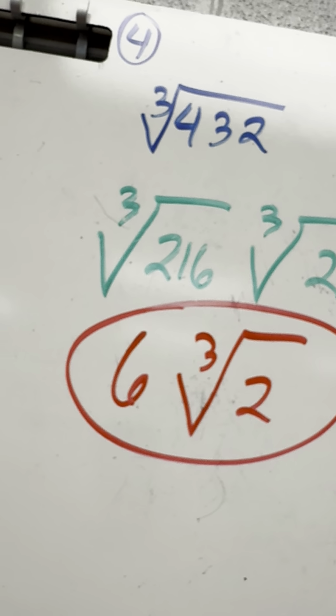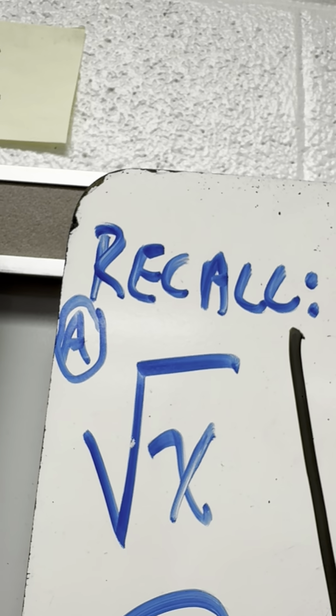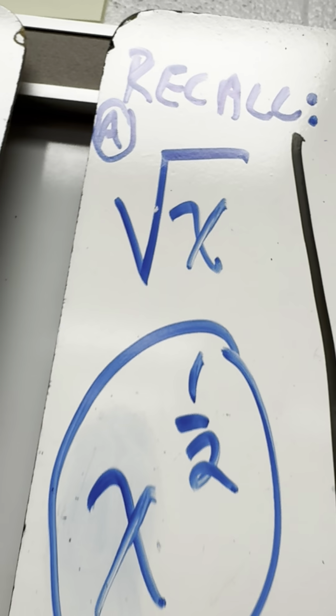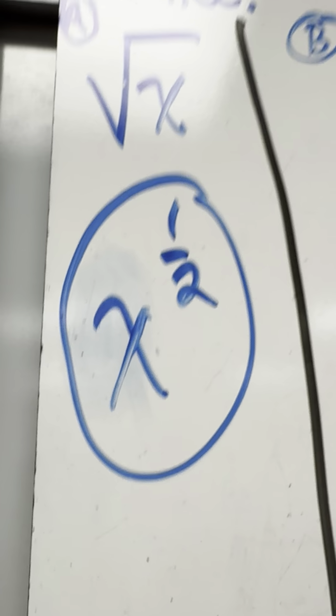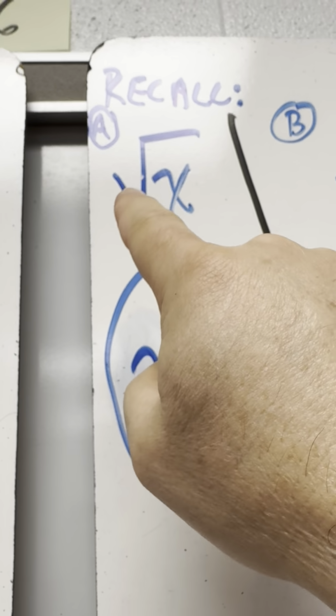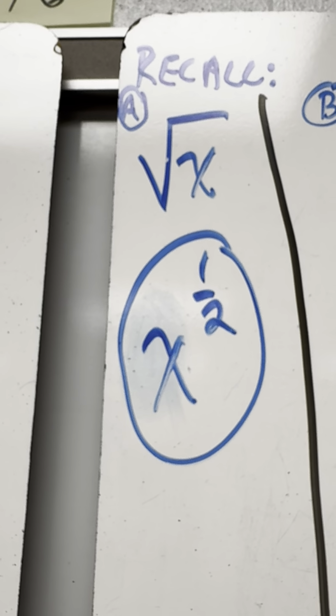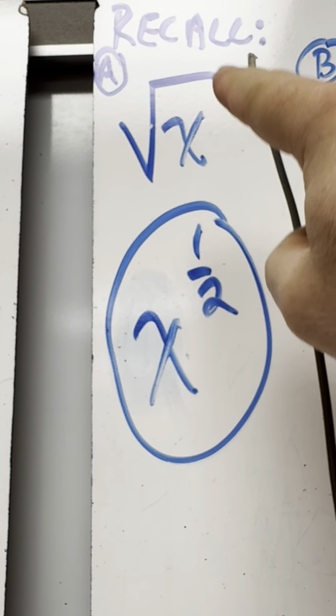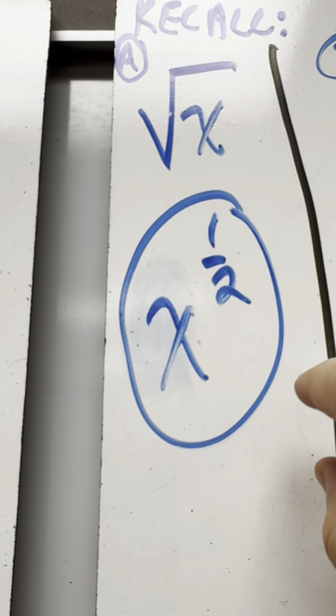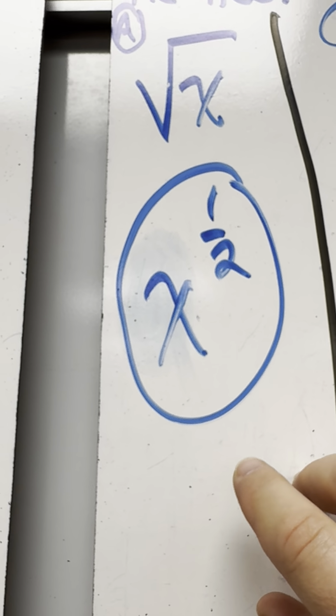Okay. Now, the square root of x is the same as saying x to the 1/2 power, because there's a 2 in there. If there's no number, it's automatically assumed to be a 2. So this is a 1, which means it's always the same.